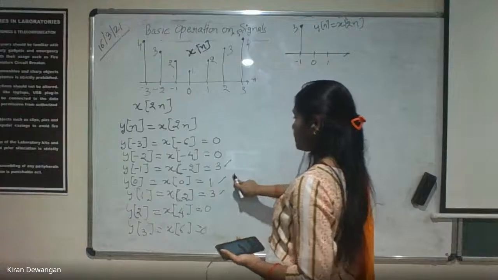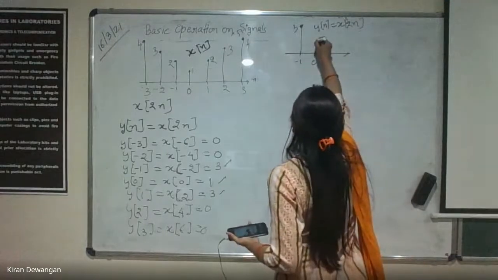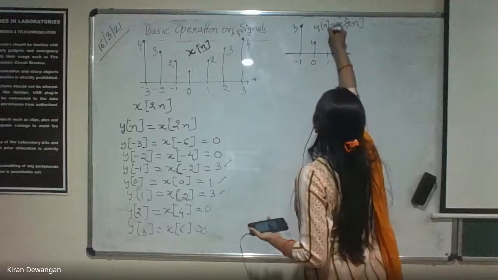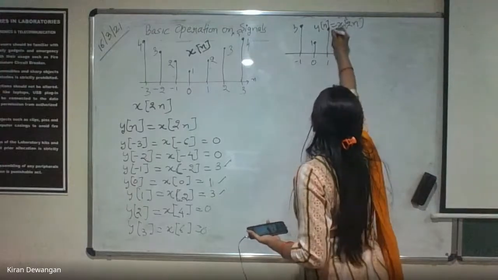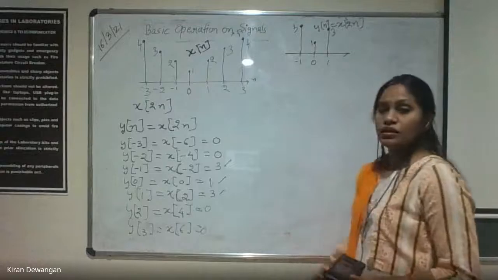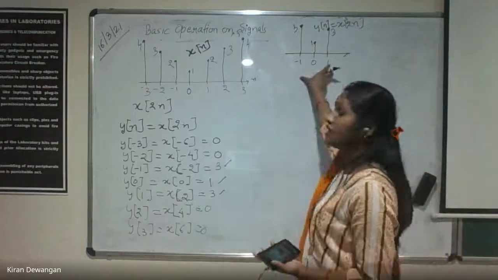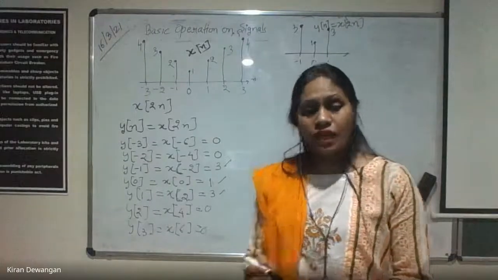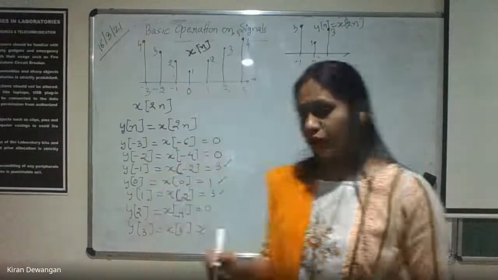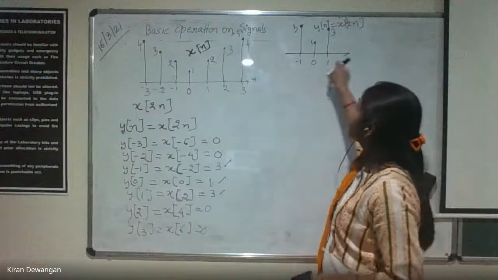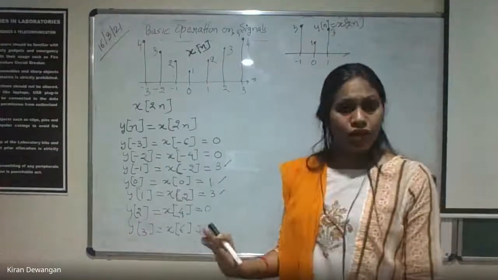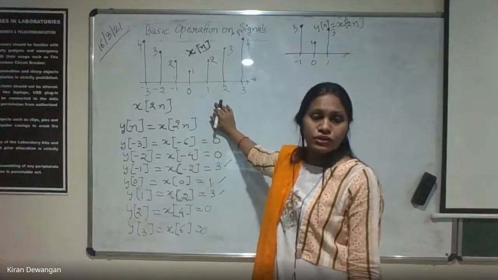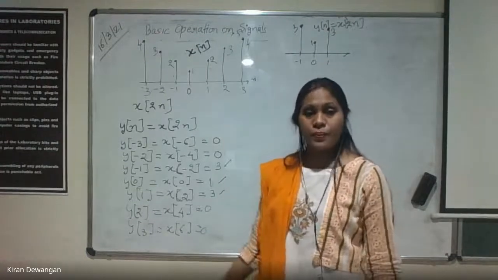At 0, the value is 1. At 1, the value is again 3. So we will have only these values for y of n, which is nothing but x of 2n. Now from x of 2n we get only 3 values, but here we had 7 values. So how did this happen?